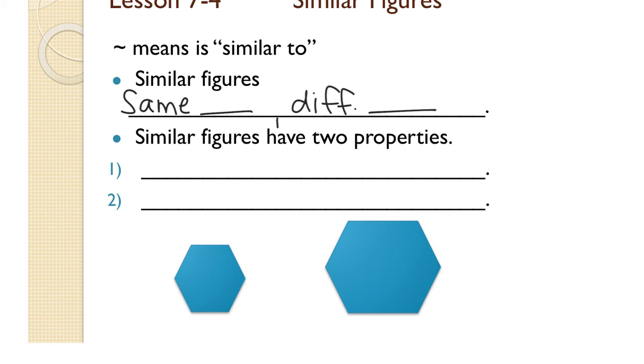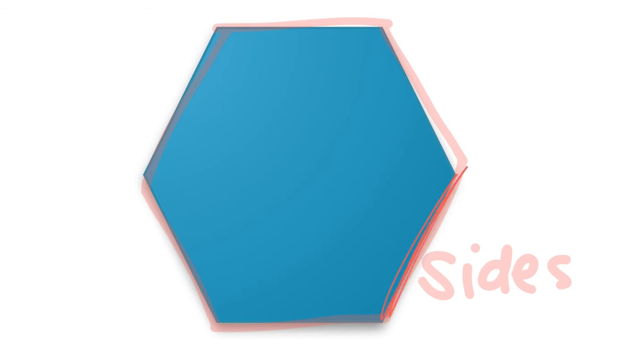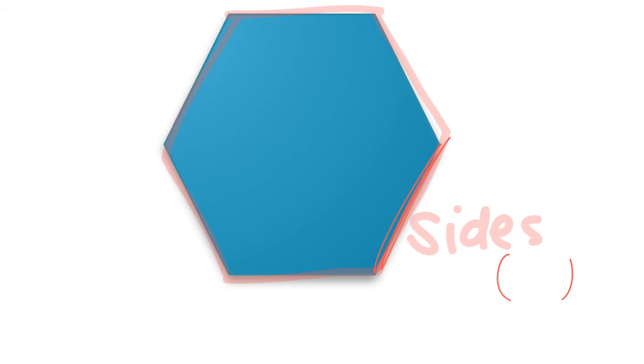Okay, similar figures have two properties. First off, let's zoom in on this one object and talk about it for a second. If I outline this shape, what I'm doing is going around these sides. So what this is right here are sides. I want you to put parentheses beside your word sides and tell me how many sides there are in this object.